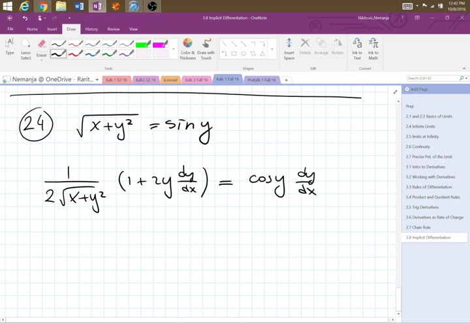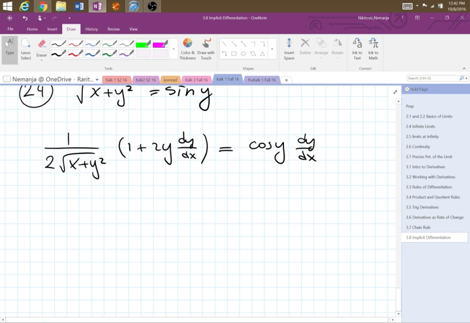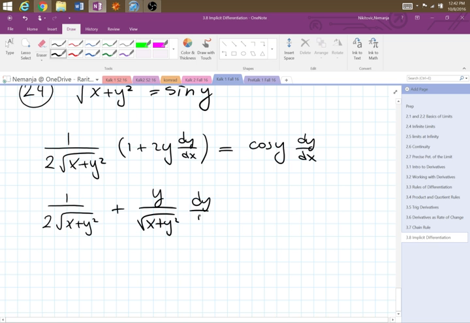All right. So now we have to distribute, separate the terms, and then put dy/dx terms on a pile. So we have 1 over 2 square root of x plus y squared plus y over square root of x plus y squared dy/dx equals cosine y dy/dx.